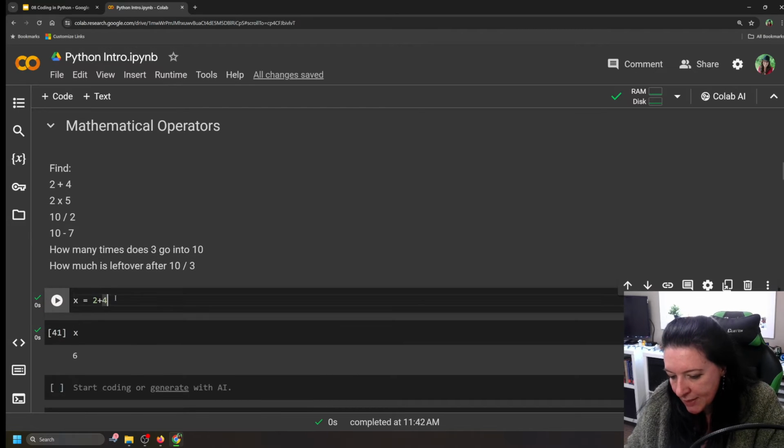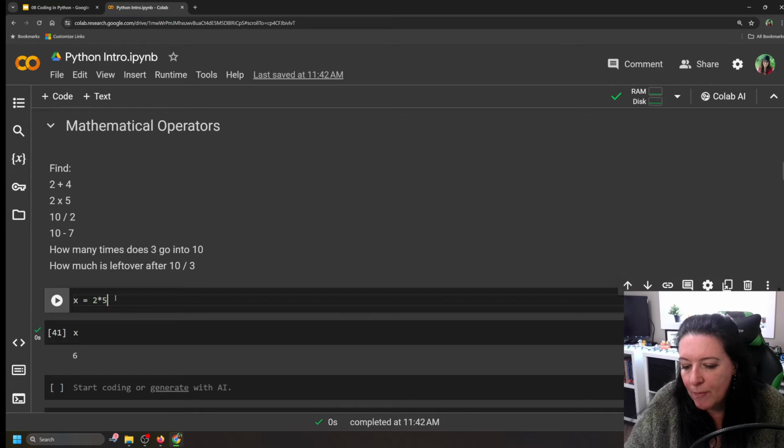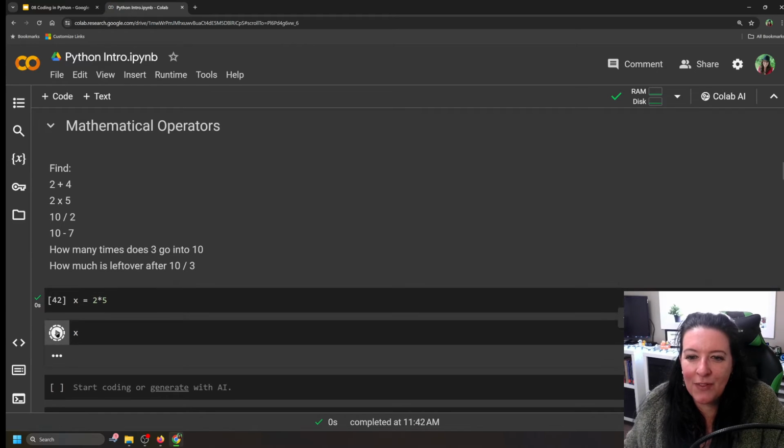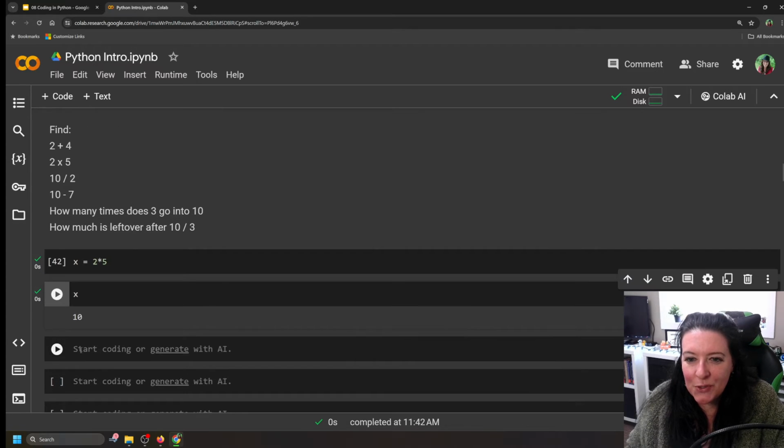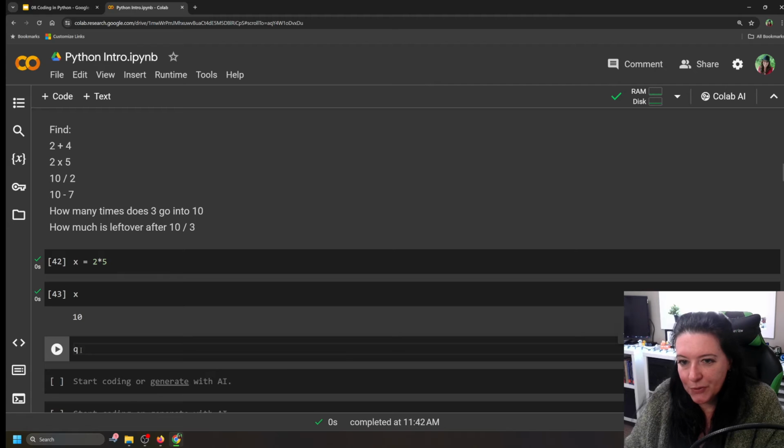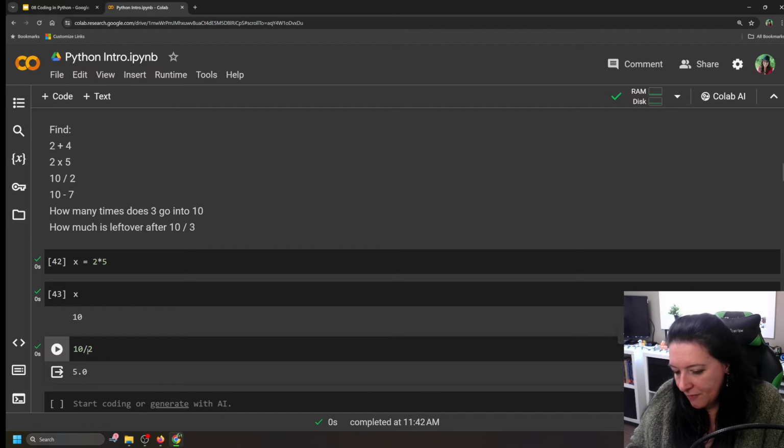We can do 2 times 5. Remember that we're going to use the star that is on the 8 button on your keyboard. You do 2 times 5, and then we find out that x is 10. We can do 10 divided by 2, and we get 5.